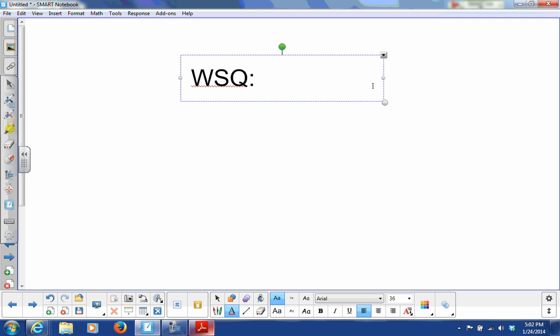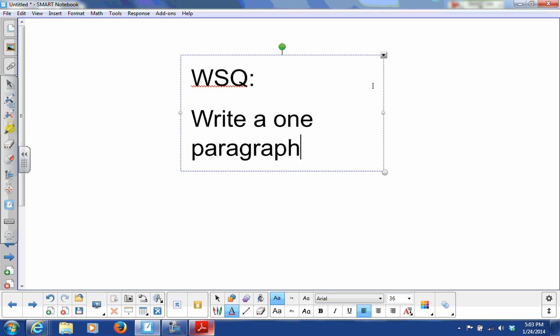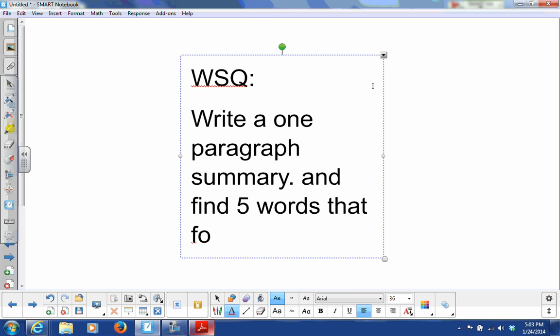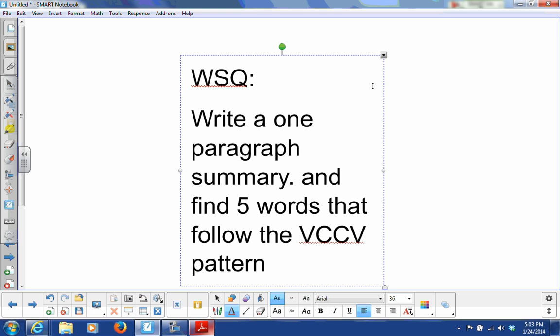Okay, so for tonight's WSQ, write a one-paragraph summary and find 5 words that follow the vowel, consonant, consonant, vowel pattern for your partner to separate.